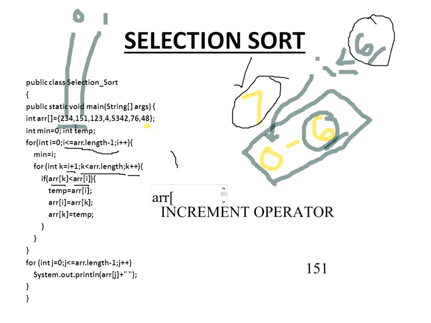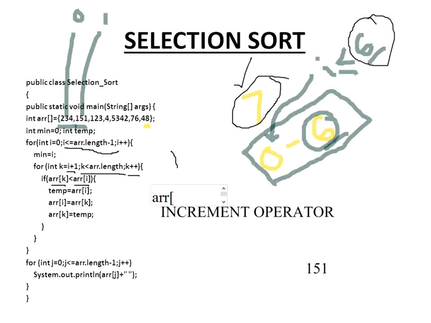And what is ARR[i]? What is the value of i initially?